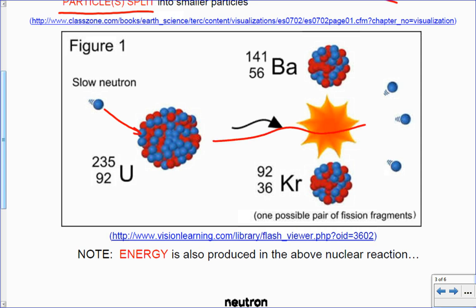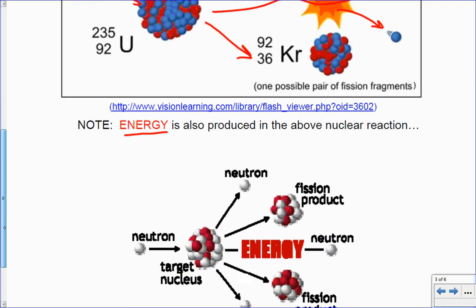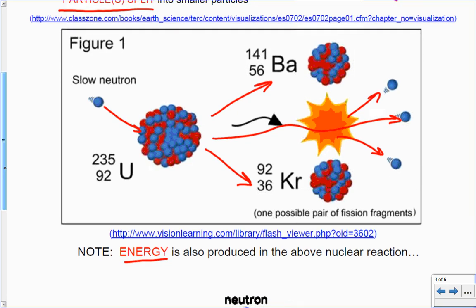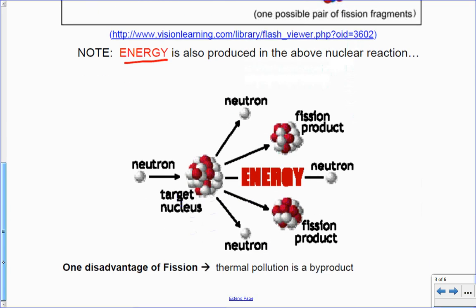The neutron's going to come through, and it's going to split it roughly in half into Ba, 56 and 36, and I'm going to get another neutron each, okay? Note, the energy is also produced in the above reaction. So basically, I'm going to add in that neutron and split it, fission.